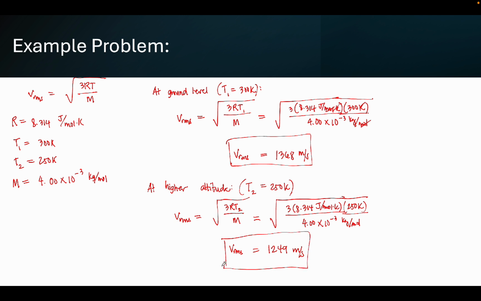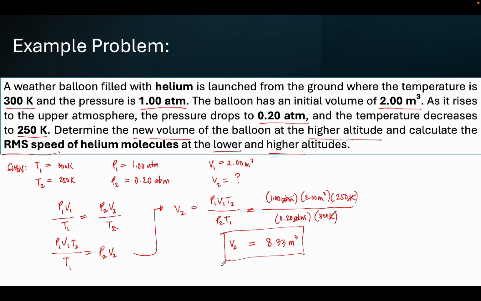Now, how do we interpret this answer? Going back to the final volume, it means that the balloon expands from 2 cubic meters to 8.33 cubic meters as it rises to the lower pressure at higher altitudes.